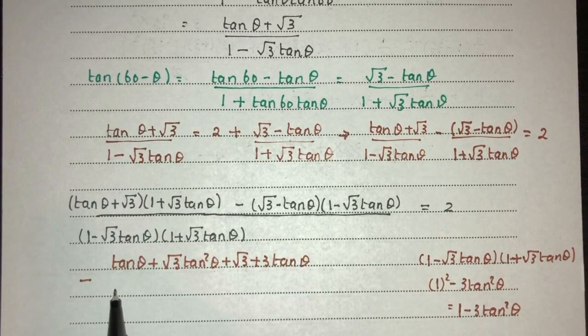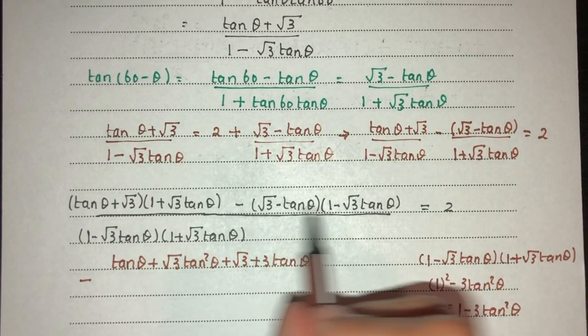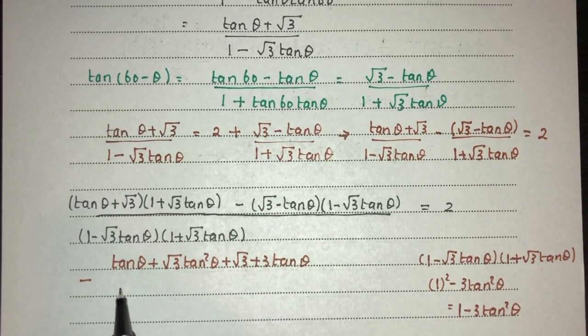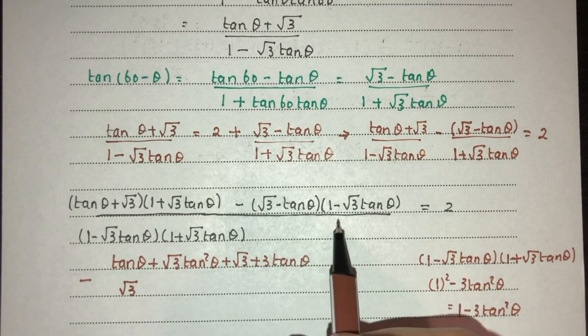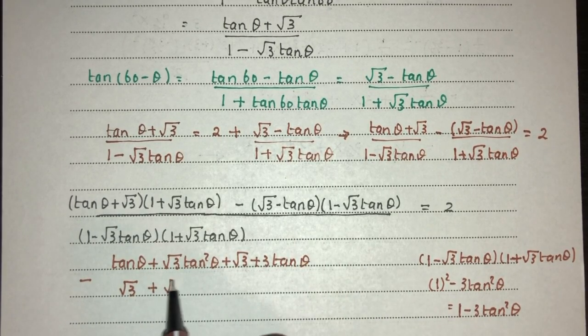Okay, you will have first expansion will be root 3, and then that will be plus tan of theta. Then we have tan theta. So I have put the minus already inside.